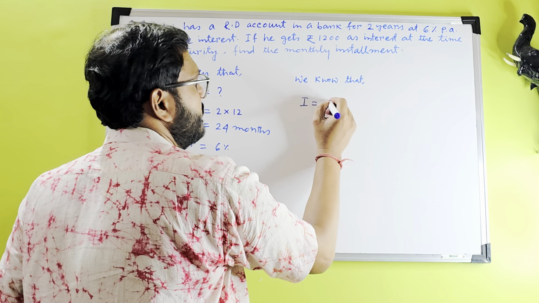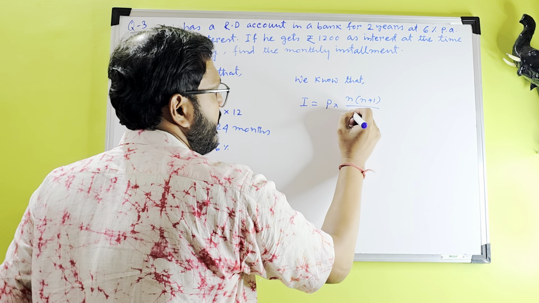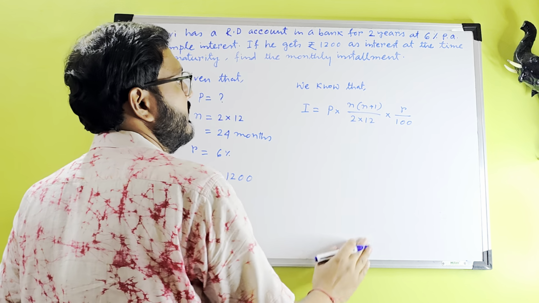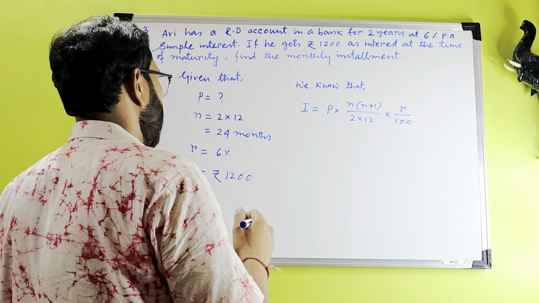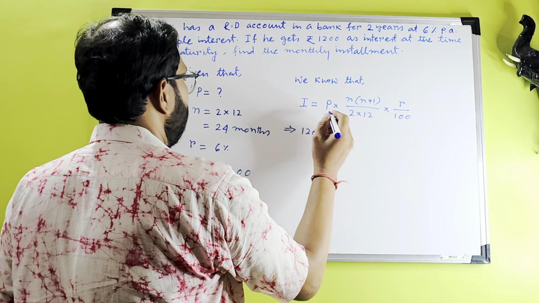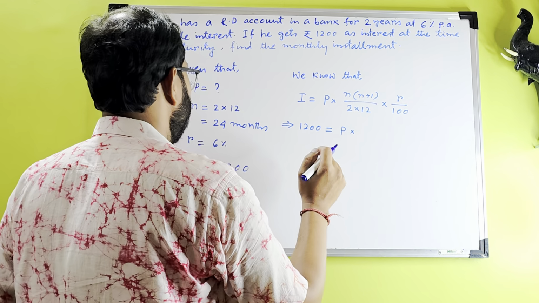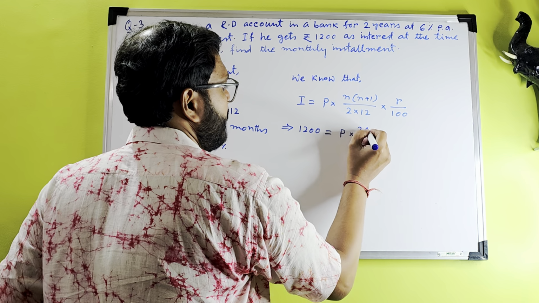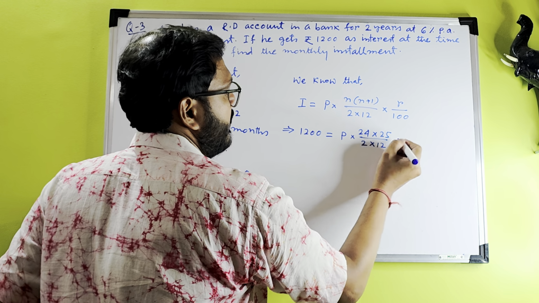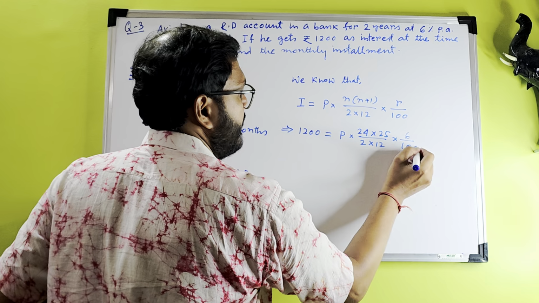I equals P into n into (n plus 1) by 2 into 12 into R by 100. So I is 1200, P is unknown, so keep P, no issue. n is 24, so 24 into 25 by 2 into 12 into R is 6 by 100.